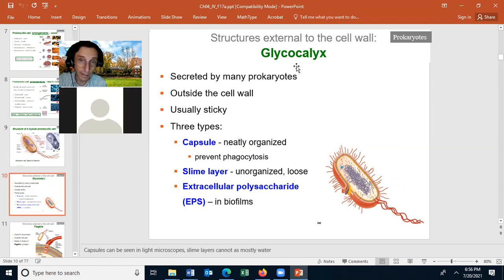The difference is this glycocalyx will make a biofilm. It'll have lots of bacteria in it, and it would be impossible to determine which region of the extracellular polysaccharide was made by this cell and what region was made by that cell. Okay? We probably won't discuss biofilms very much in this class.